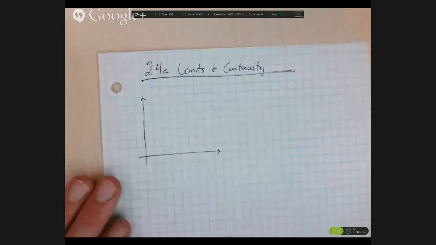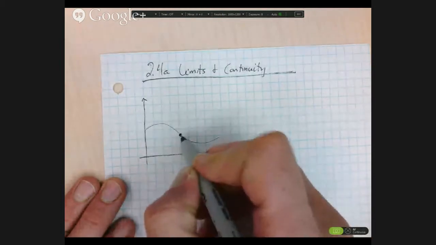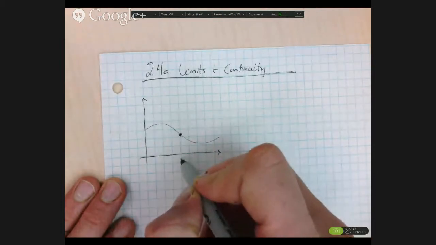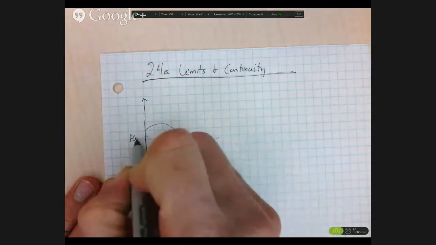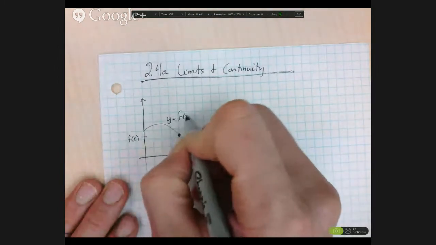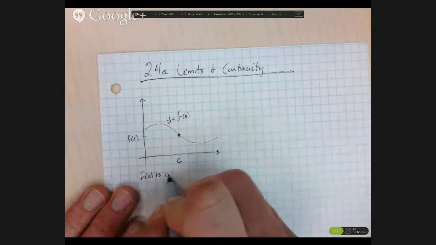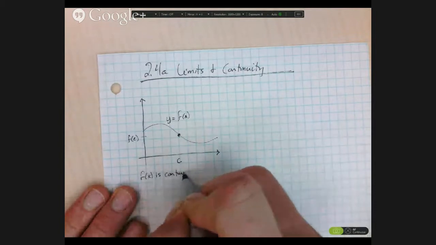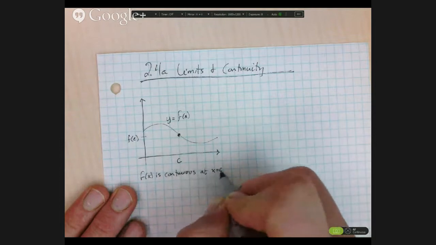If I have a graph at some c, here we have f of c, and this is a function. Okay, f of x is continuous at x equals c.